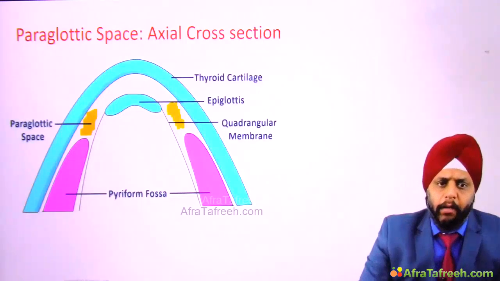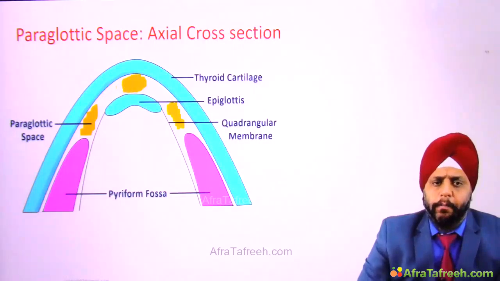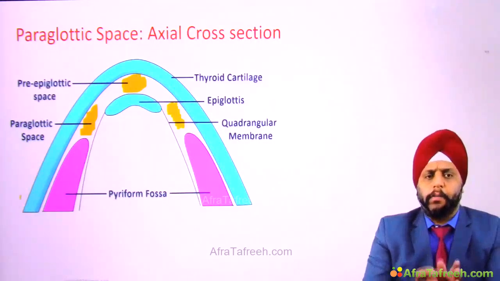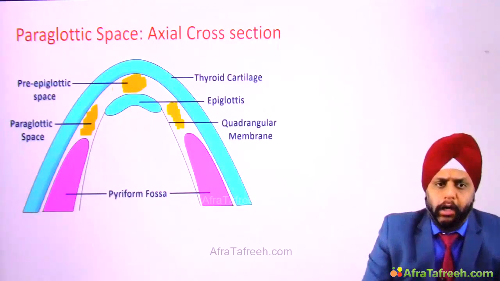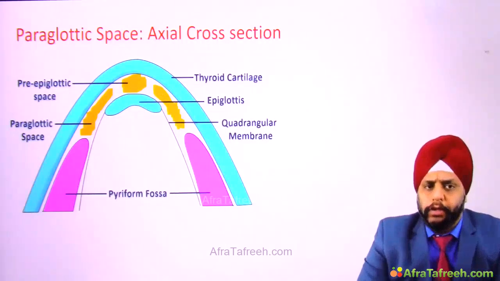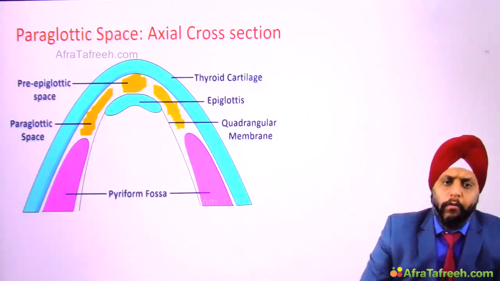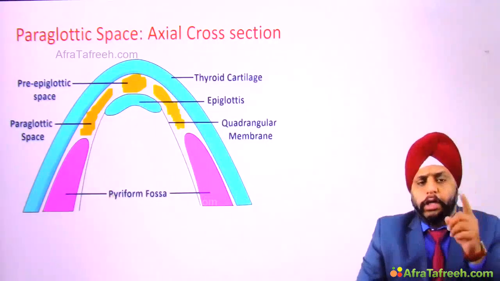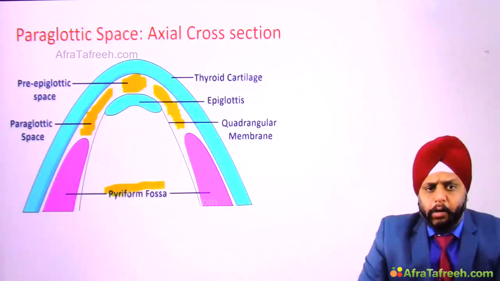And remember, the paraglottic space communicates with the pre-epiglottic space. The pre-epiglottic space is open laterally, and there it communicates with the paraglottic space, right? So they are in communication with each other. All right, you have also noticed that the posterior boundary of the paraglottic space over here is the pyriform fossa.